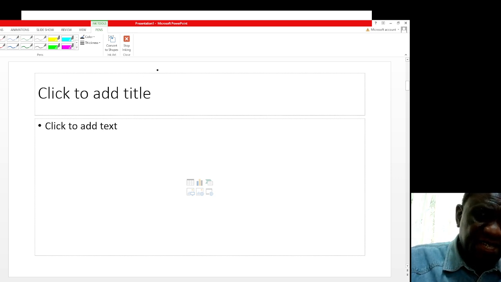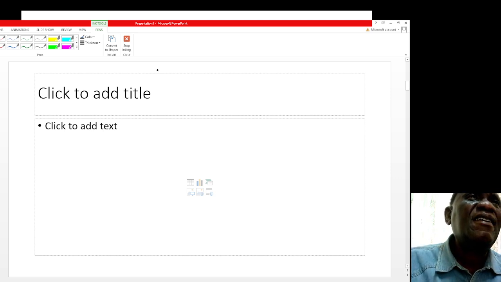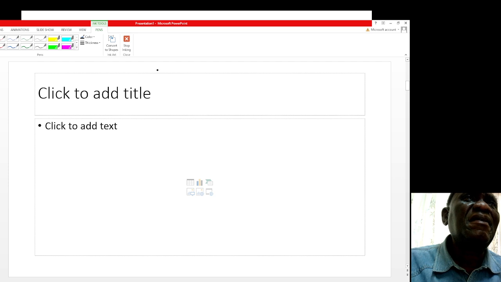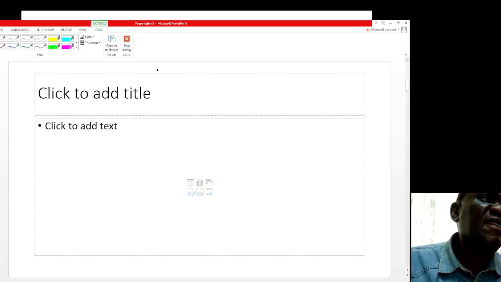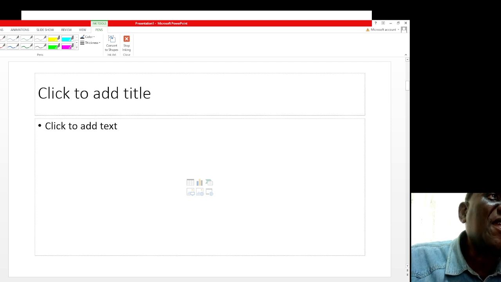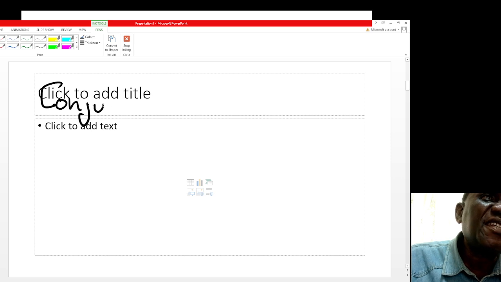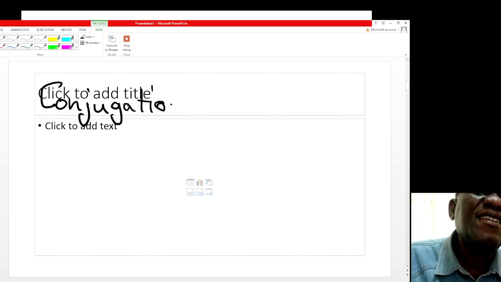Now these reactions which are taking place in phase 2 are known as conjugation reactions. So let us put this title: conjugation reactions.